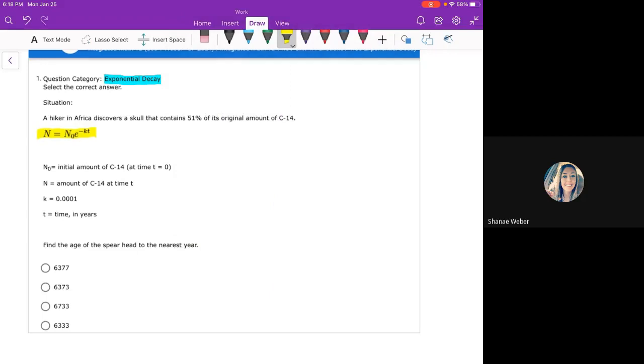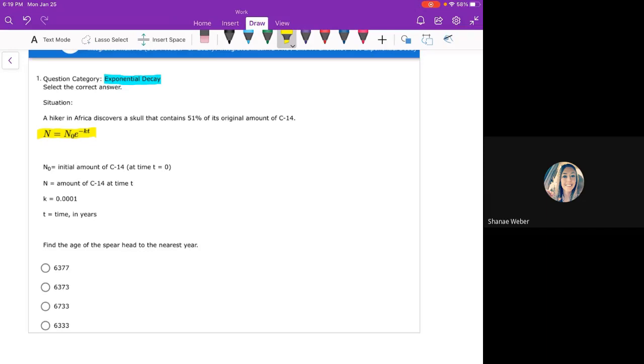And then we have this nice little equation here. N equals N sub 0, that's how we read that, times e to the negative kt. And it tells us what each of those things mean. N sub 0 is our initial amount of C14 at time t equals 0, so like the very beginning before it was found.